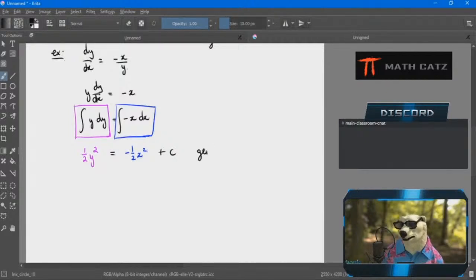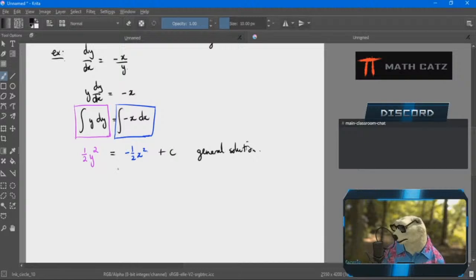Here I still have the general solution to the differential equation, but I'm not going to bother. You can simplify it, maybe multiply throughout by 2 or whatever. I'm not going to solve for y because this isn't a function anymore. This is a more general equation relating x and y values on a graph.